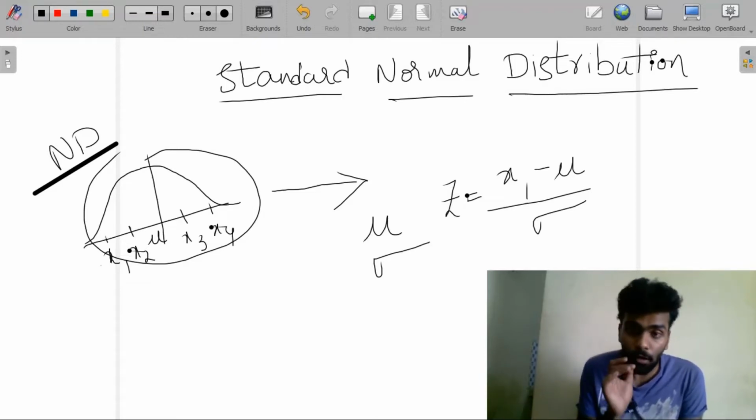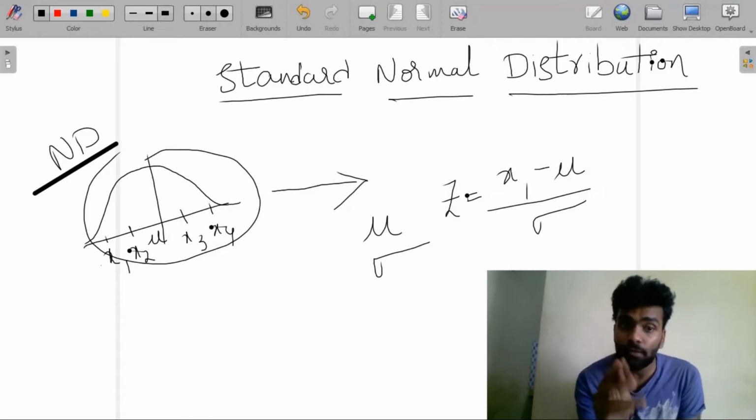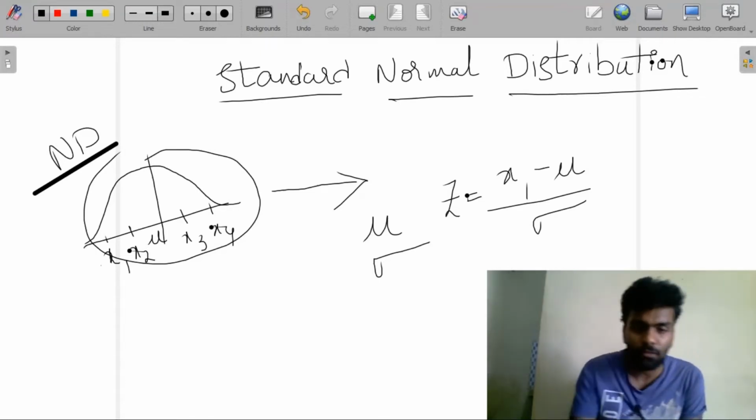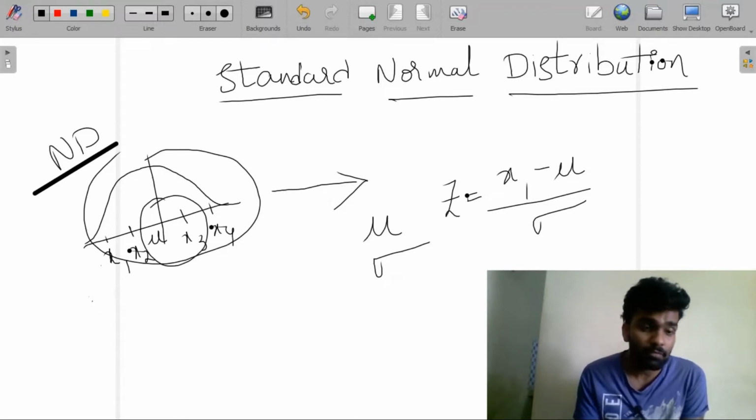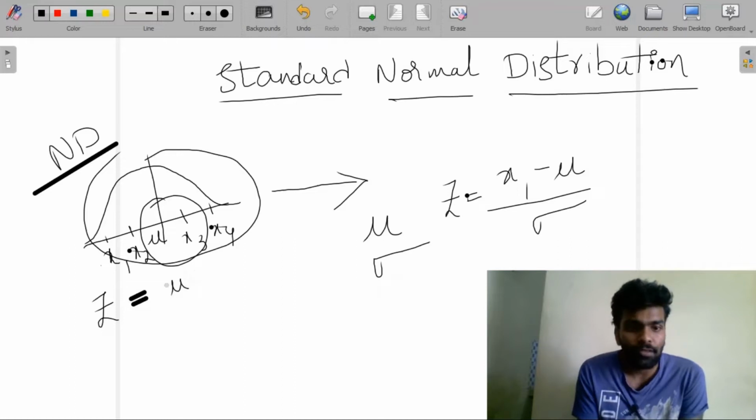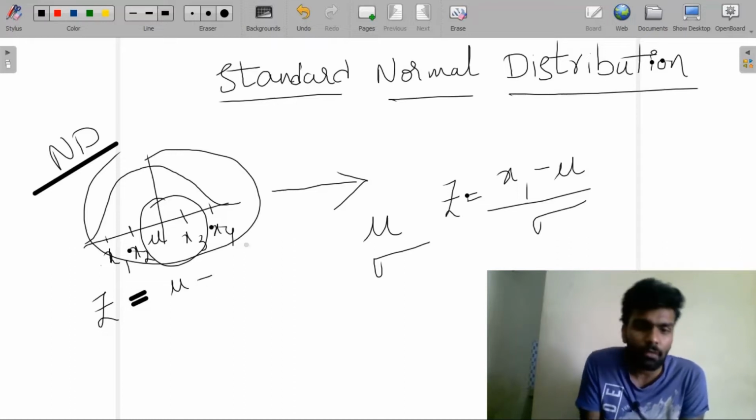Now if you find the z score for the mean, the point is mu, so we subtract mu and divide by sigma.